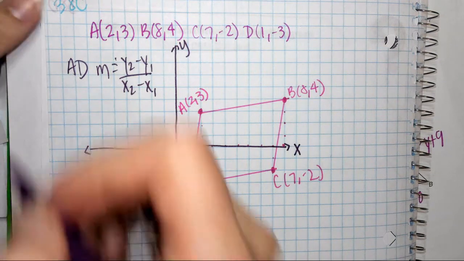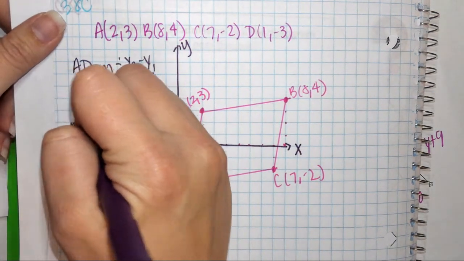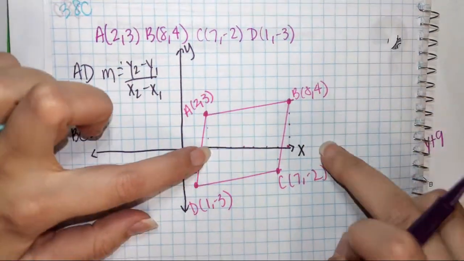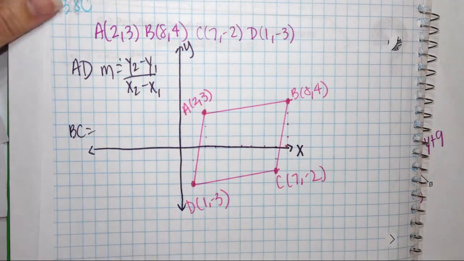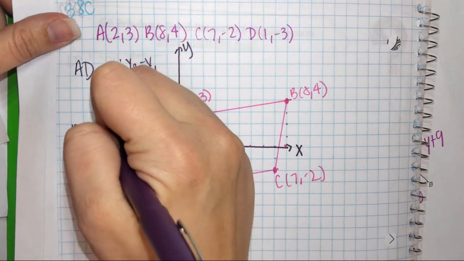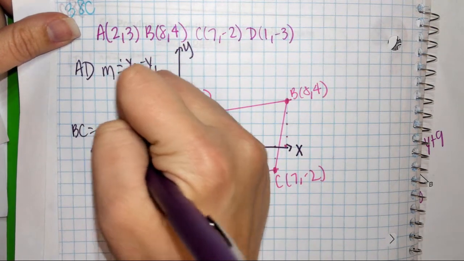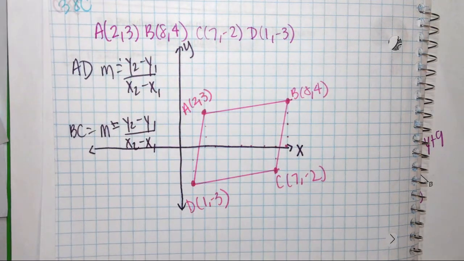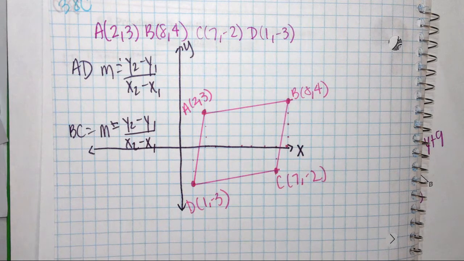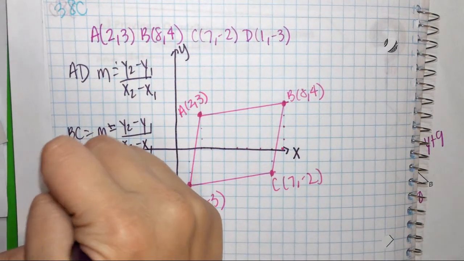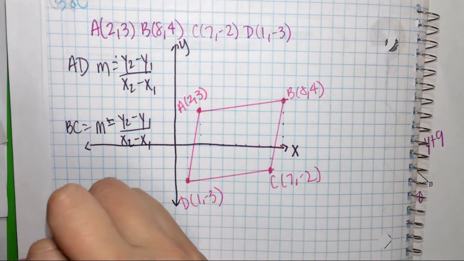Then we find the slope of BC, because these two are opposite, so we want to compare these two. And you're going to do the same thing for AB and DC.